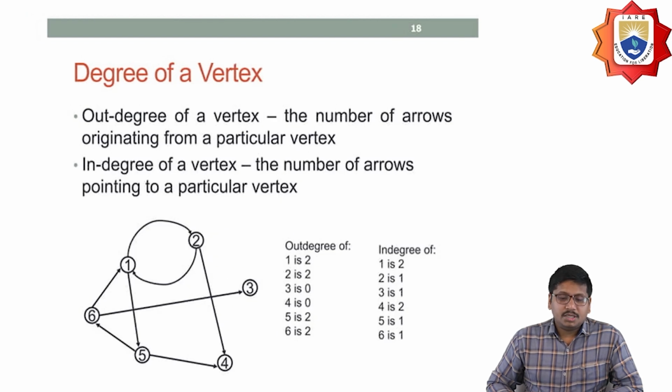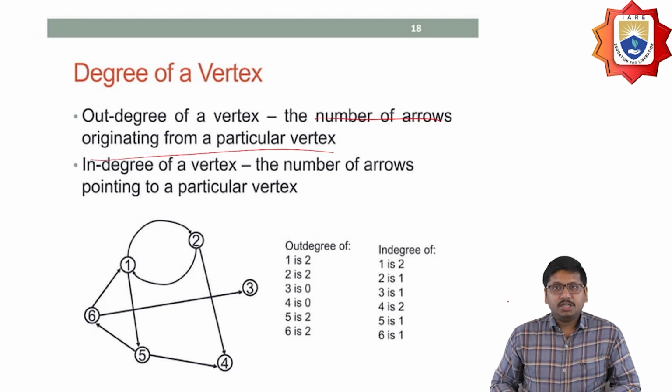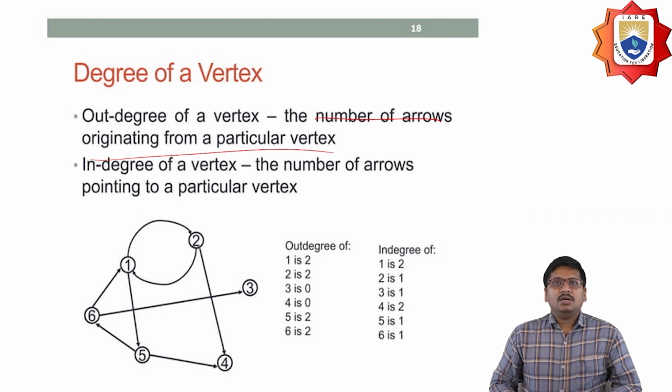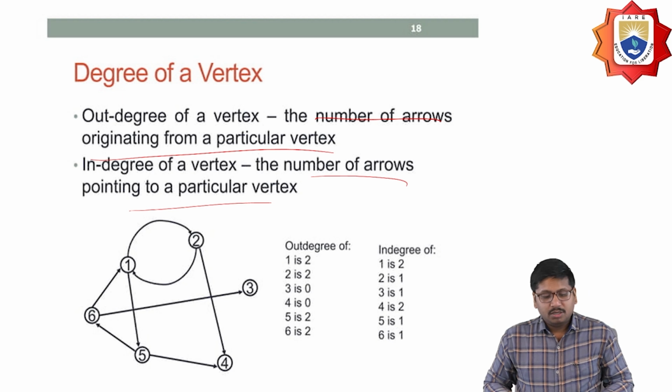And the next one is the degree of the vertex. There are two types of degree for every vertex in the graph: the in-degree and the out-degree. The out-degree of the vertex means the number of edges originating from a particular vertex, and the in-degree means the number of edges pointing to a particular vertex.